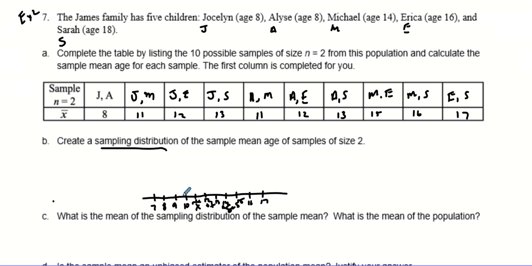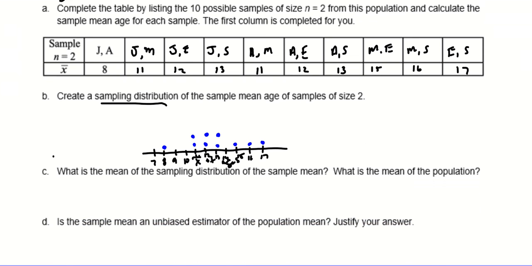And in doing so, we're going to put in these values. So we have an 8, and then we have 11. We have a 12, and a 13, and an 11, and a 12, and a 13, and a 15, and a 16, and then a 17. And so we have 1, 2, 3, 4, 5, 6, 7, 8, 9, 10. All right, so that's our sampling distribution.